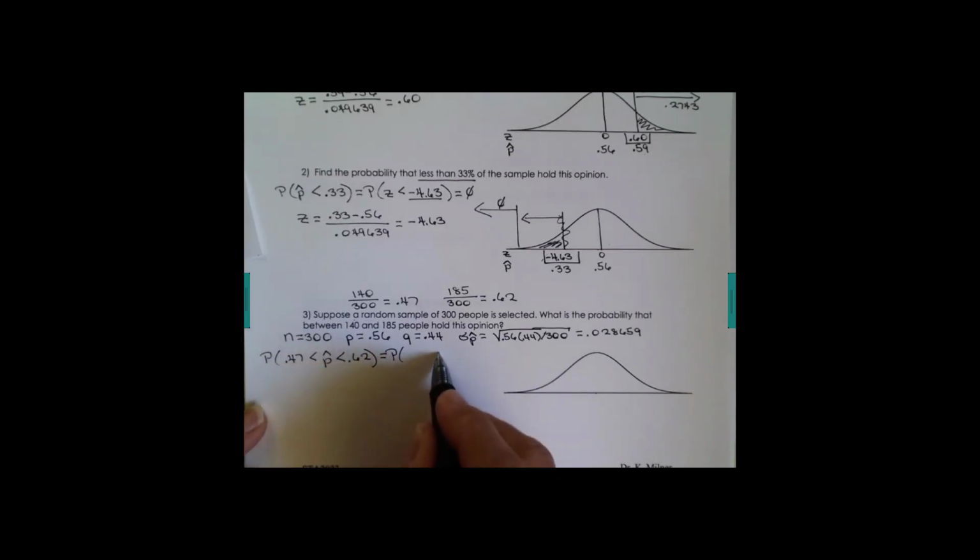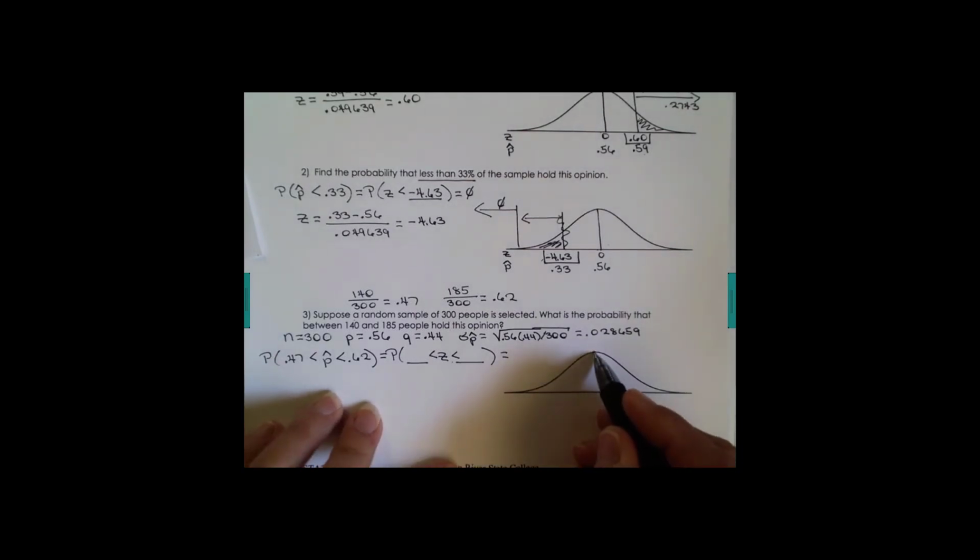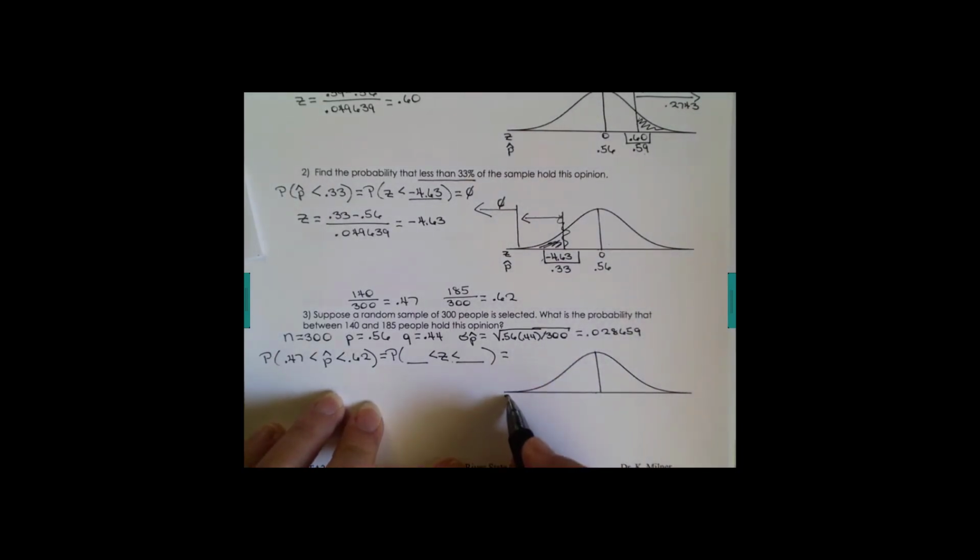Probability that z is between two numbers also, and then I can come up with my answer. I'm running out of room, but I think I can do it. Let's draw it, put it on the curve. I've got z, and I've got p hat, and I've got the same population data here. So that's set. Now I want to go 0.47 and 0.62. Well, 0.47 is over here.